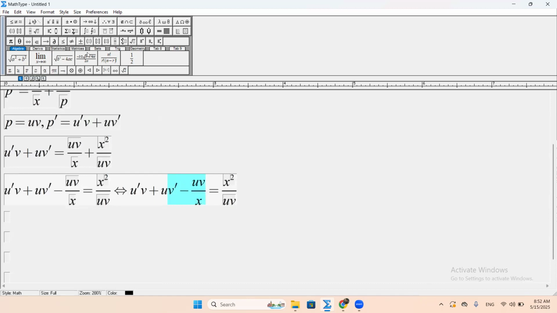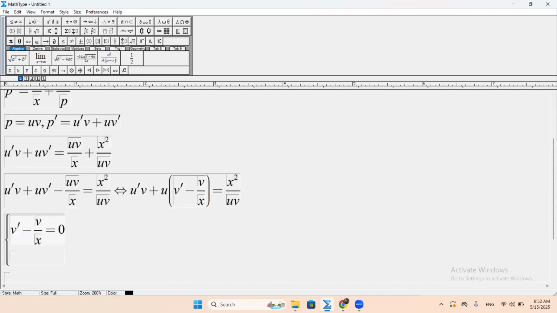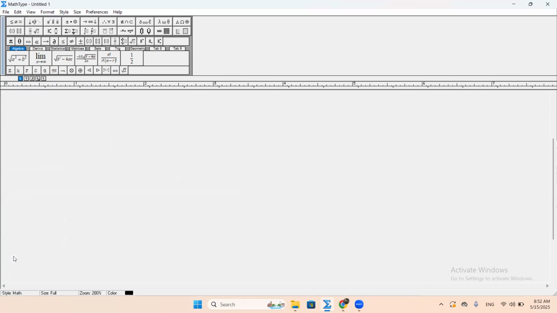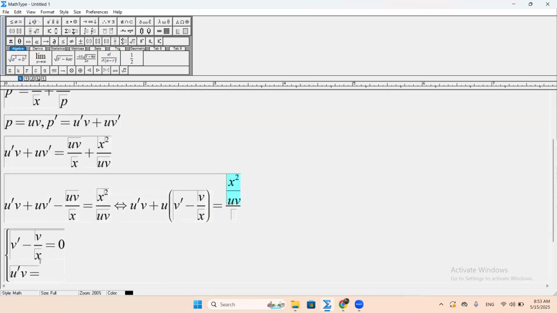We factorize this expression, and according to Bernoulli's method, this expression will be equal to 0. And then u prime v will be equal to x square over uv.